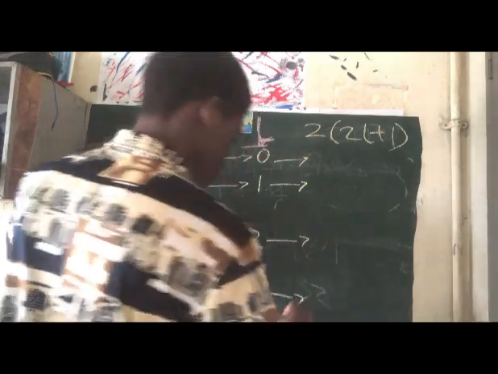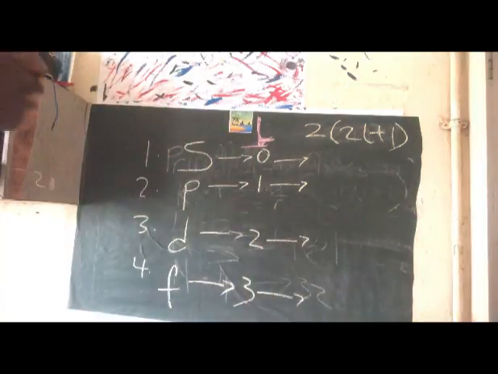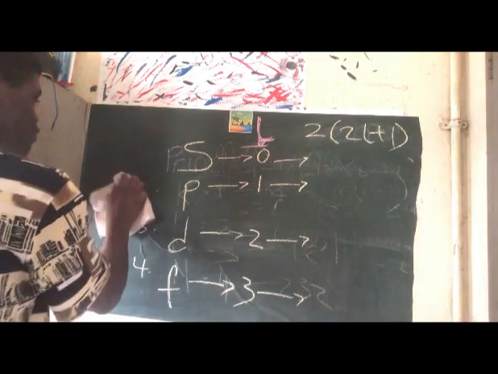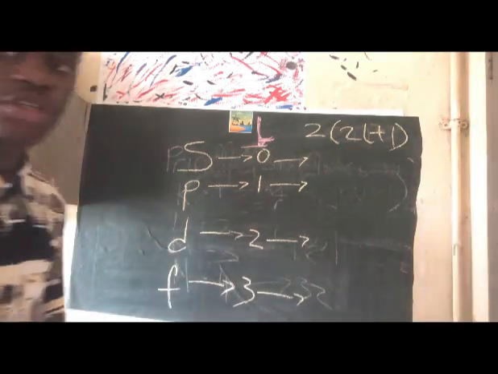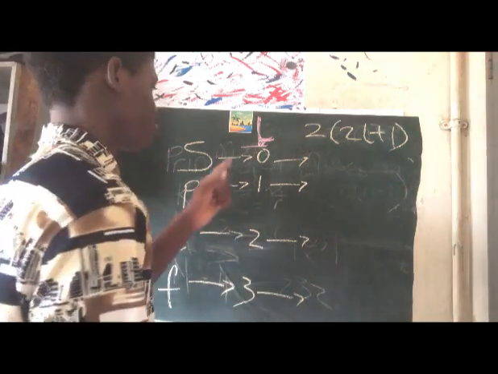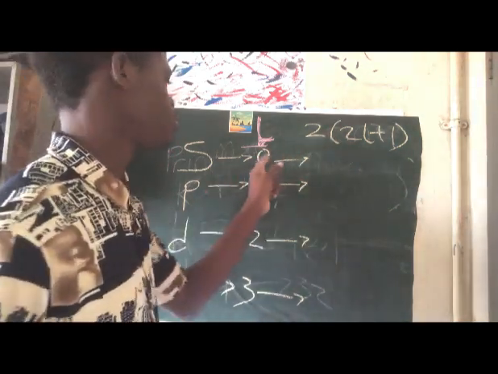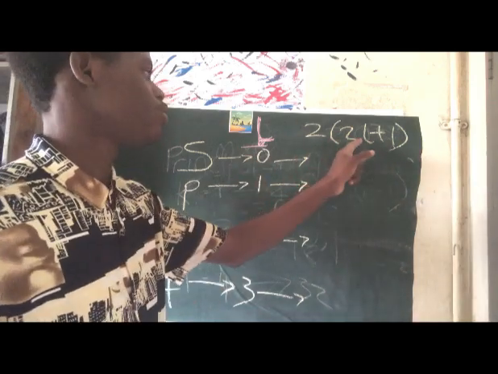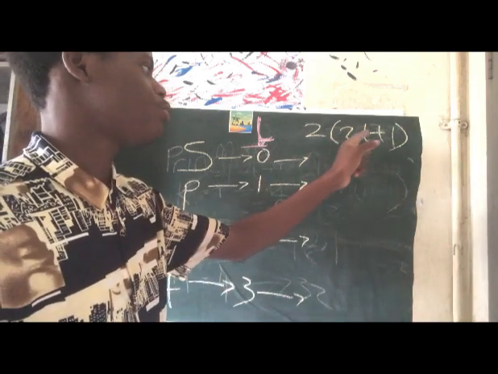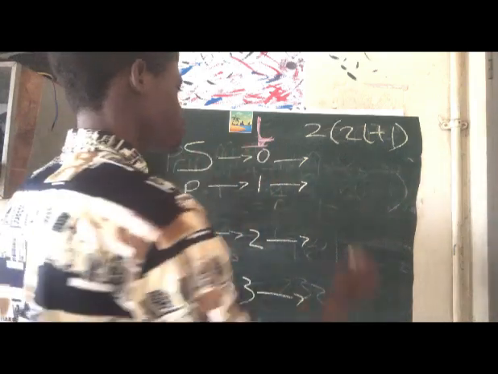Now, for the maximum number of electrons that occupy each subshell, let me rub this off so as not to confuse you. Just input these numbers into this formula. For S, 2 times 0 is 0, 0 plus 1 is 1, 1 times 2 is 2.